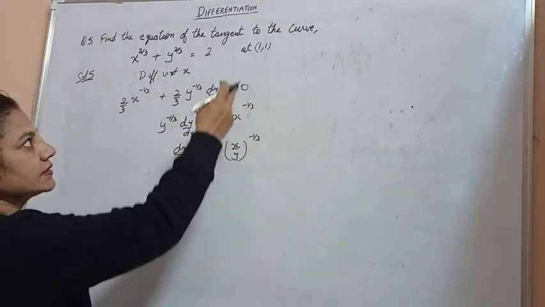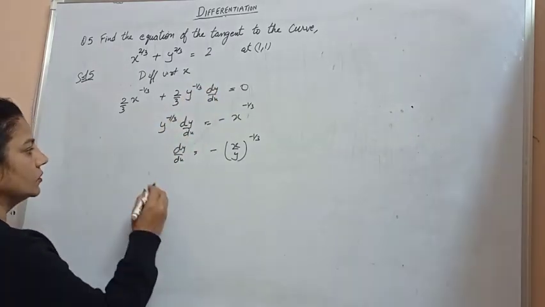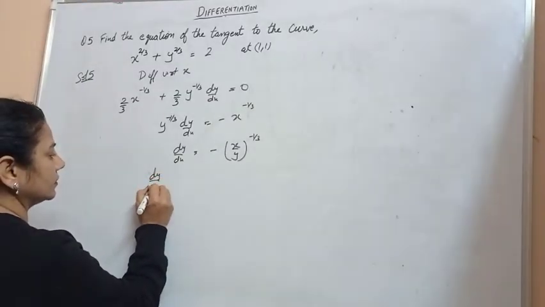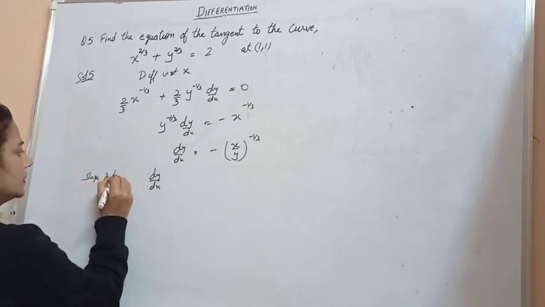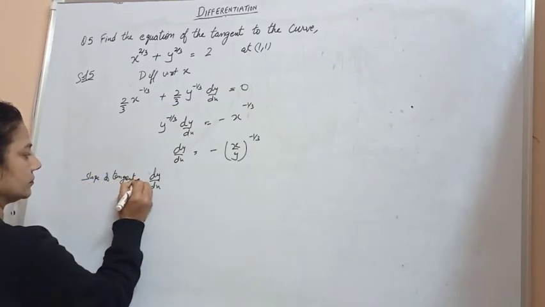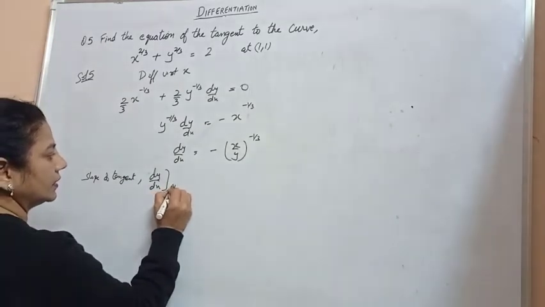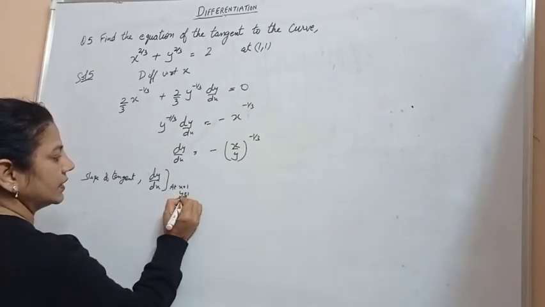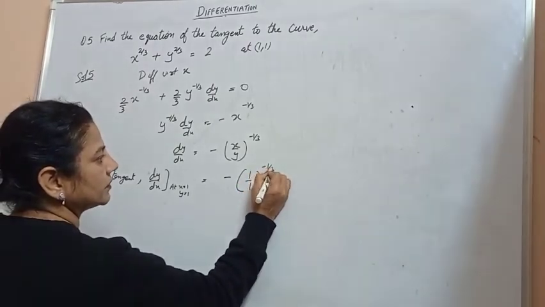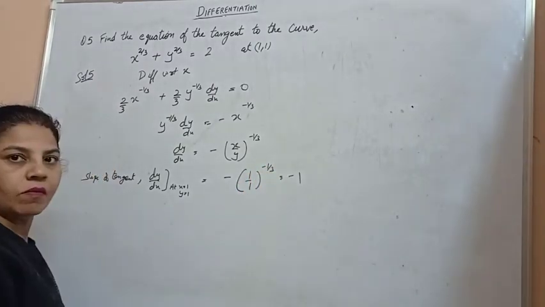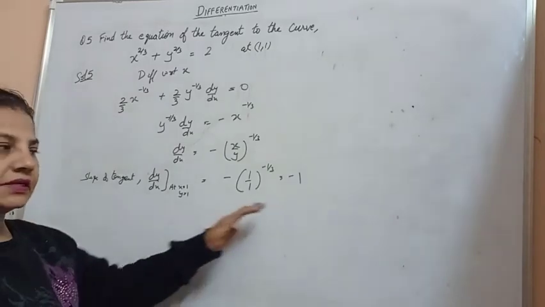Substitute the value of x and y as 1. So the slope of tangent at x is equal to 1, y is equal to 1 is minus (1 upon 1) to the power minus 1 by 3, which is equal to minus 1. So the slope of the tangent is minus 1.